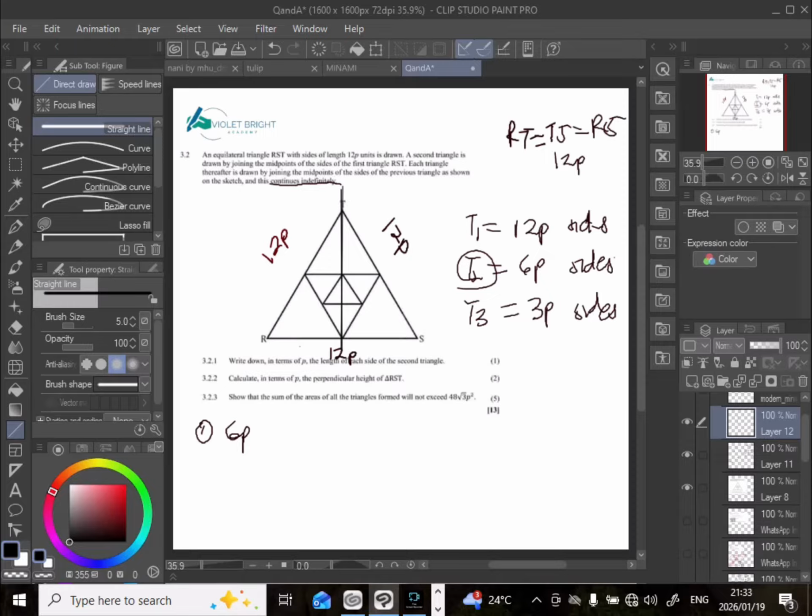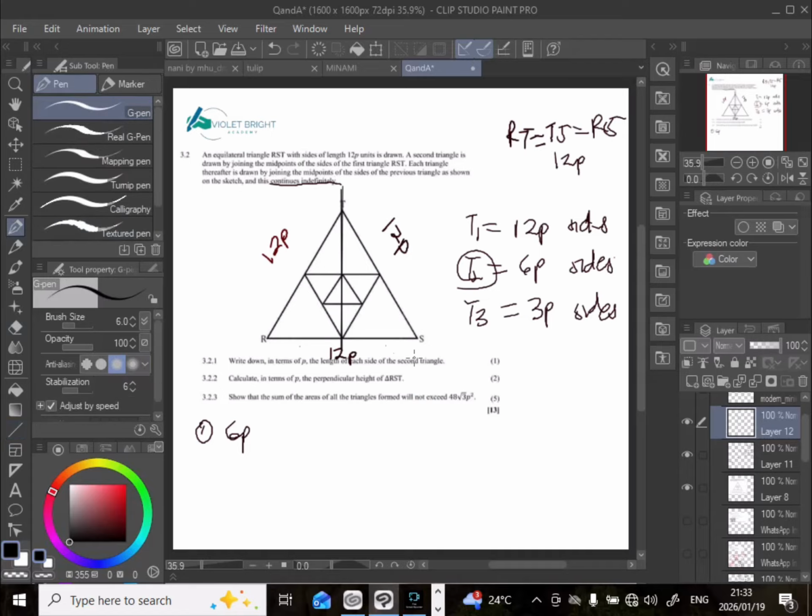Remember, if we want the perpendicular height of this, we will cut from the midpoint here to the midpoint here, which will make this 6p, and this one will be 12p, and then this one we are looking for, this side here. Because of the perpendicular height, this now becomes a right angled triangle. Let me shade it in a different color. Let me just choose orange.